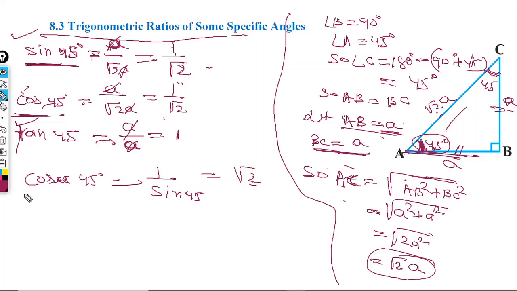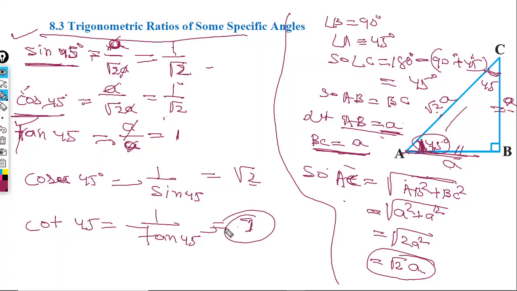Now similarly, after cosec we can move to cot. Cot 45 is equal to 1 by tan 45, so 1 by 1 will be equal to 1. So cot 45 is also equal to 1, as tan 45.